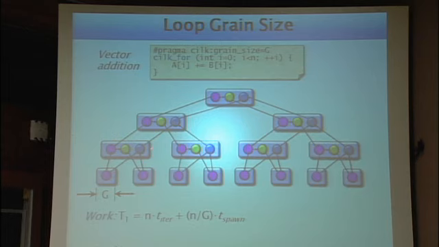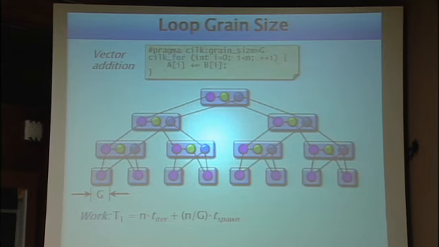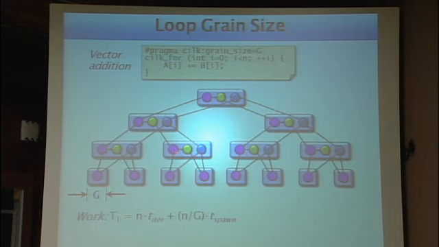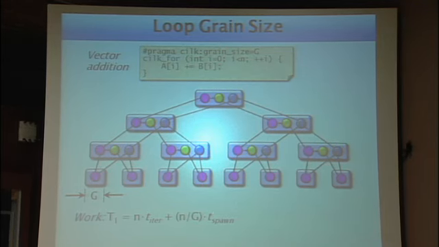There's basically going to be n over g of those, times the time for a spawn, which is the time to execute one of these things. So if these are batched into groups of g, then there are n over g such leaves. There's a minus 1 in here, but it doesn't matter.